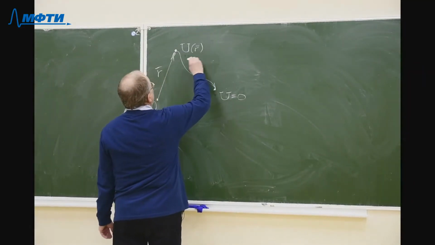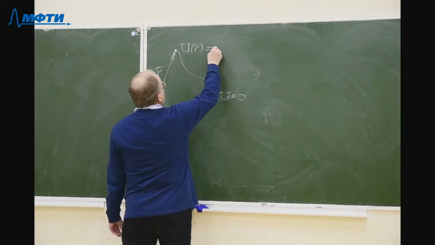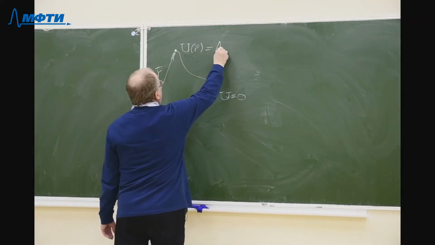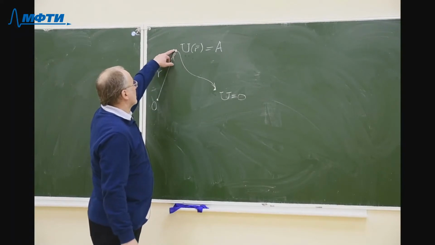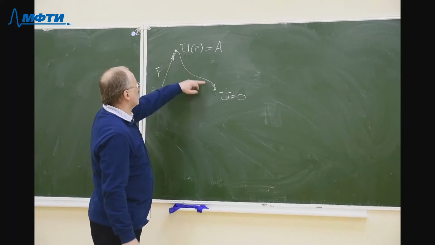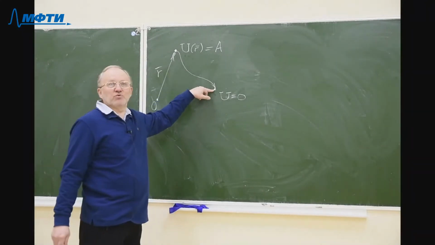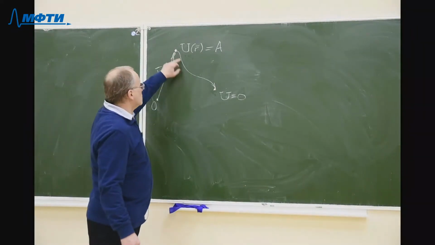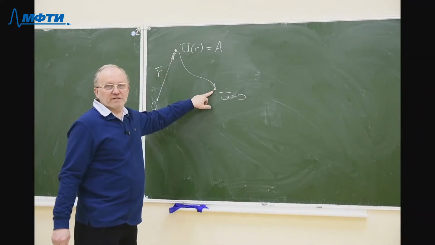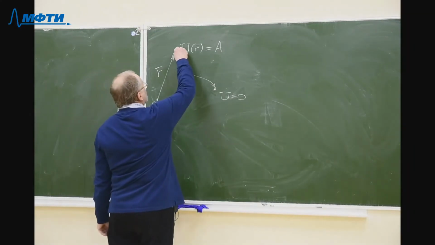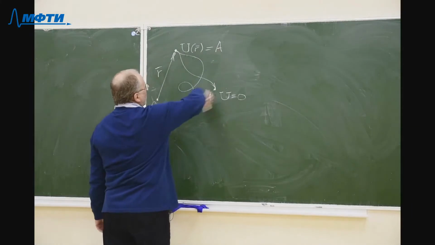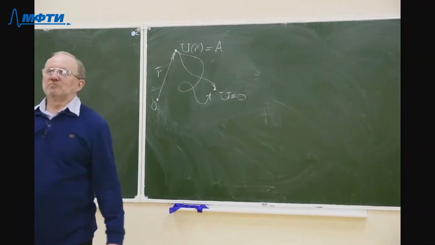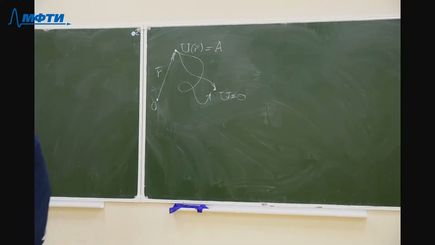And the potential energy will be equal to the work done when the particle is moved from the first point to the zero potential energy point. How do we move this particle? It doesn't matter. We can choose any trajectory, any arbitrary curved path.